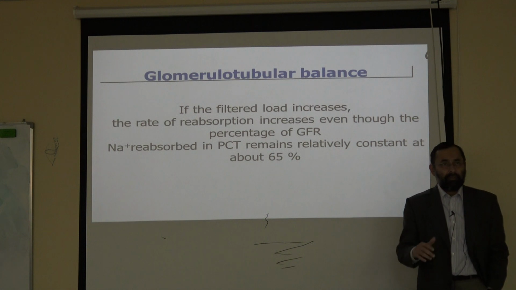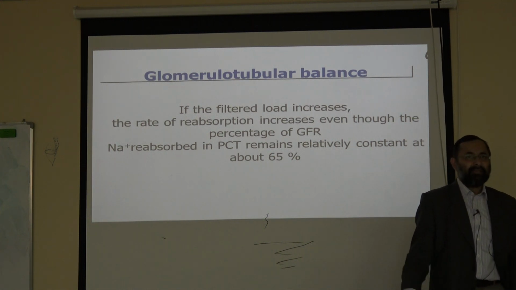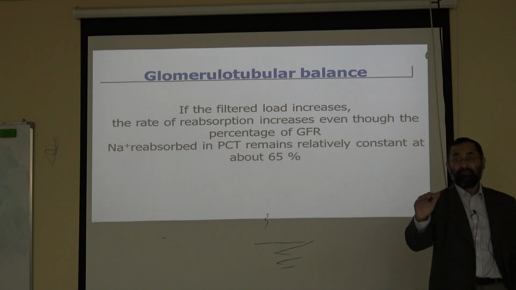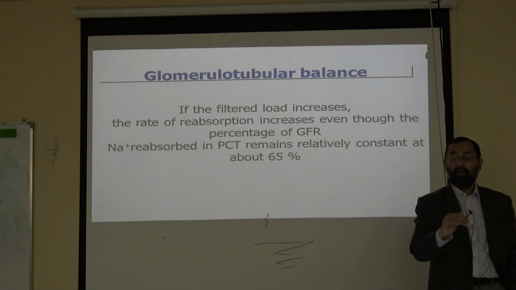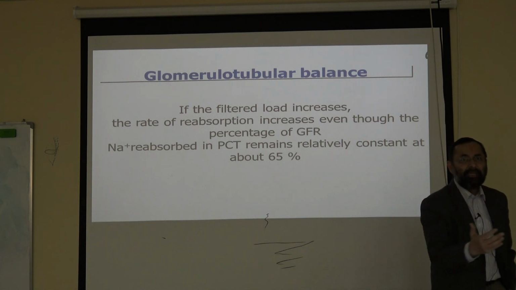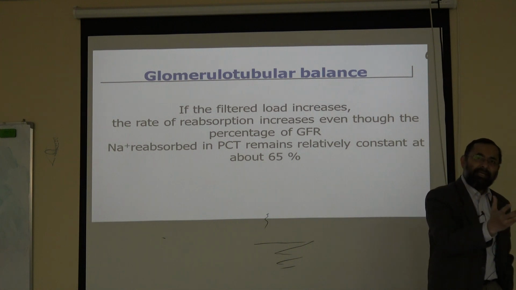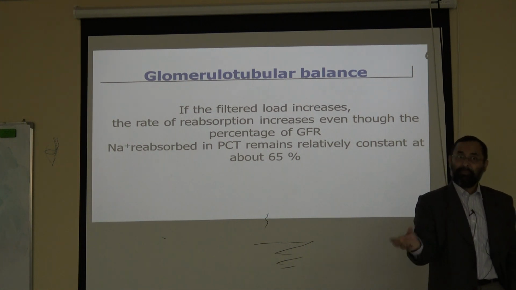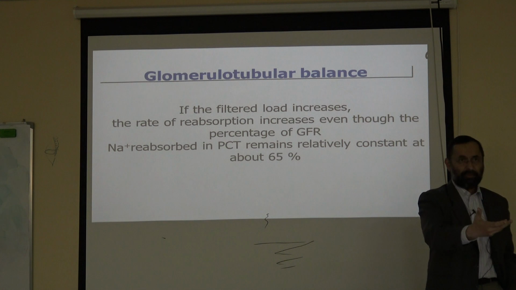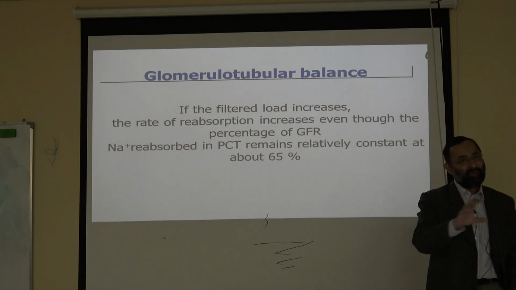One term, glomerular-tubular balance, is very important. It's a very neat and even balance in the kidney at the level of the glomerulus and the tubules. Whenever GFR increases, the sodium reabsorption accordingly manages, and it does not change in terms of percentage. The percentage remains the same. The amount will definitely be more which is reabsorbed, but the percentage out of the total will remain the same.